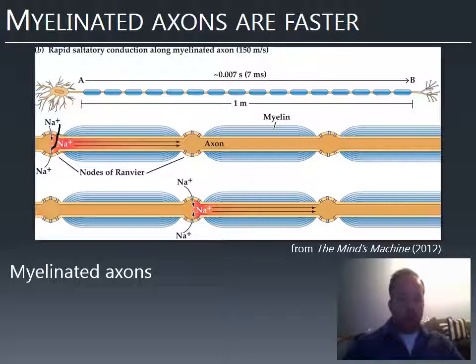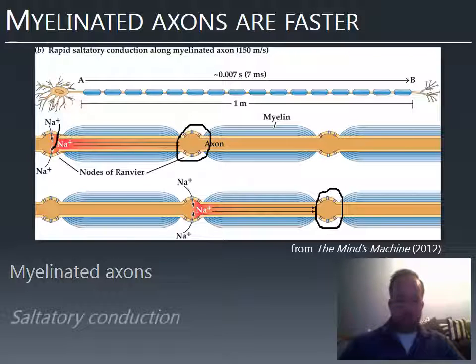There are no outlets along the way, because of this coating, to let sodium out, or let potassium out really, to compensate for the increased positive charge inside. And so what does that do? It concentrates that positive charge until it gets to the next node, and now that's going to open up all these other sodium channels. Again, sodium will come rushing in, and that'll propagate down to the next section of the axon. So by insulating these intermediate portions of the axon, it makes that change in charge travel that much faster.